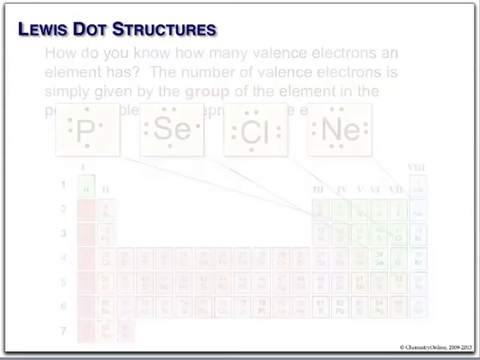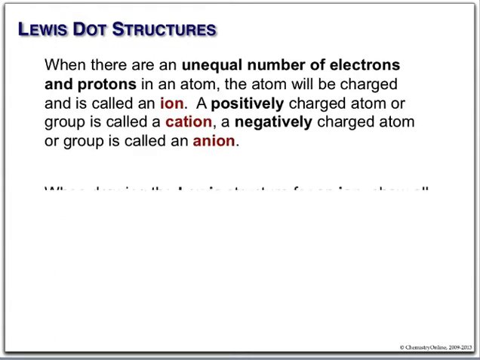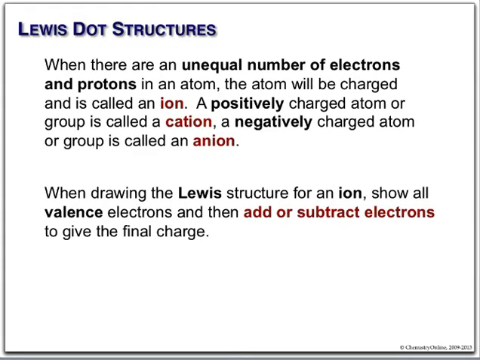Now we can use a Lewis structure to show ions. If we have an unequal number of electrons and protons in an atom, the atom is charged, and is called an ion. Positive is a cation, negative is an anion. In a Lewis structure, you simply draw your Lewis structure, add or subtract electrons to give your final charge.